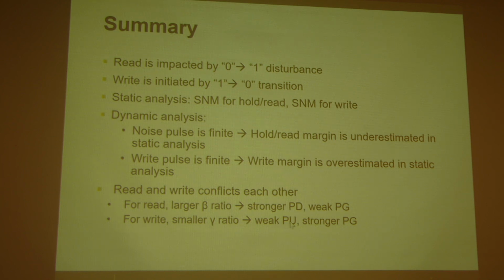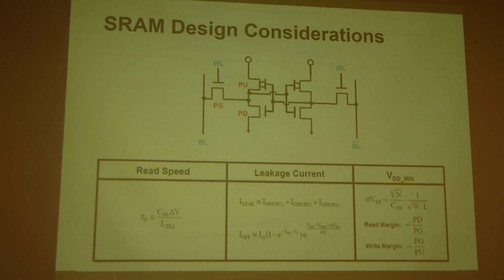That means weak pull up and stronger pass gate. So we have this conflict: one wants a weak pass gate, one wants a strong pass gate. This is because we share the pass gates during the read and write operations. Okay, so this is a quick summary, and we can move on.